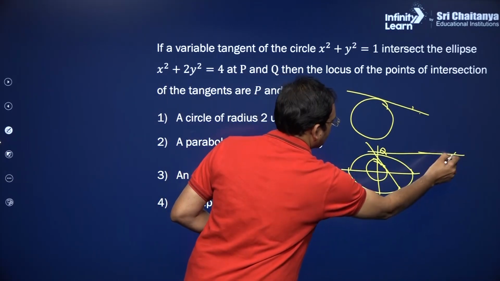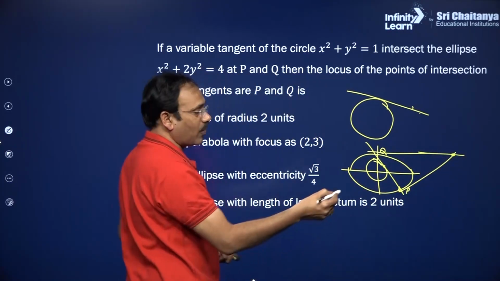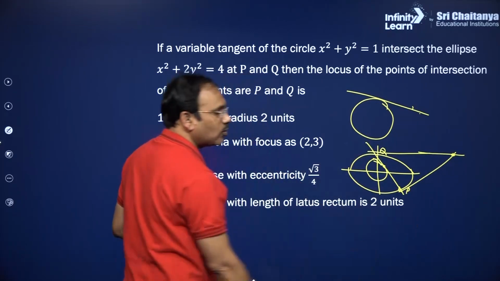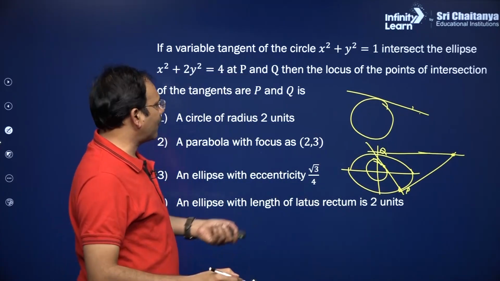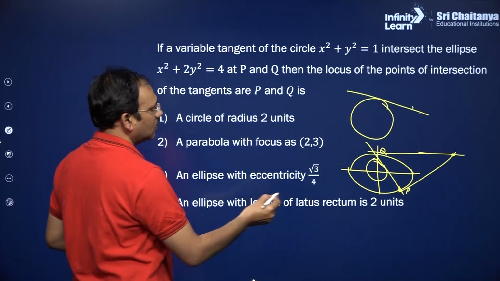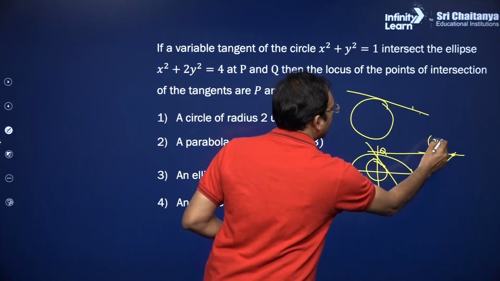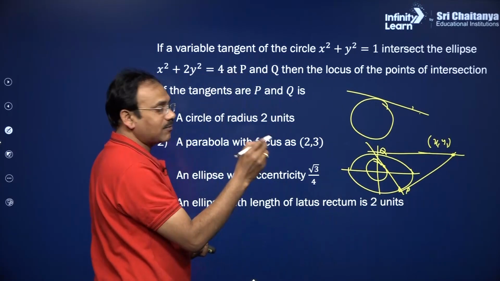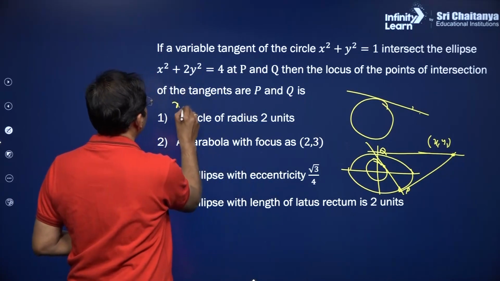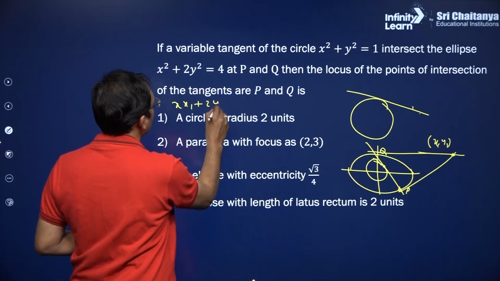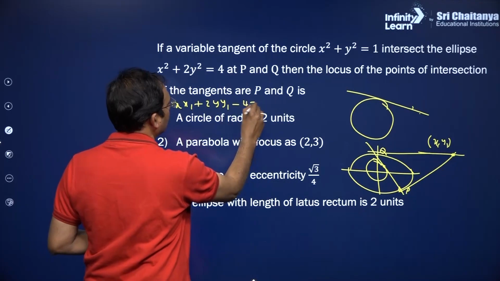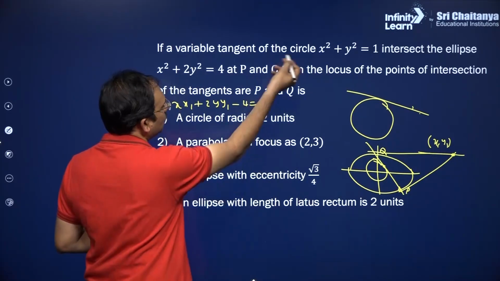So this locus is nothing but, suppose this point is (x1, y1), this is going to be the chord of contact. Chord of contact is T = 0. If you choose this point as (x1, y1), the chord of contact about the ellipse is x1 + 2y1 - 4 = 0. Now this must be tangent to our circle.